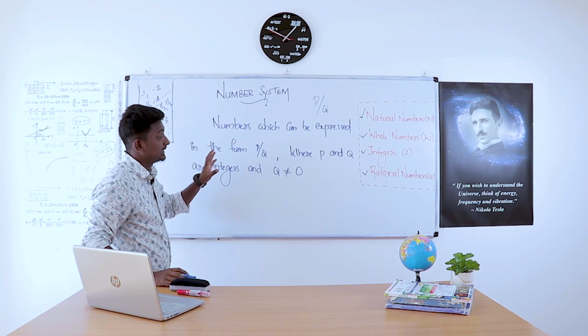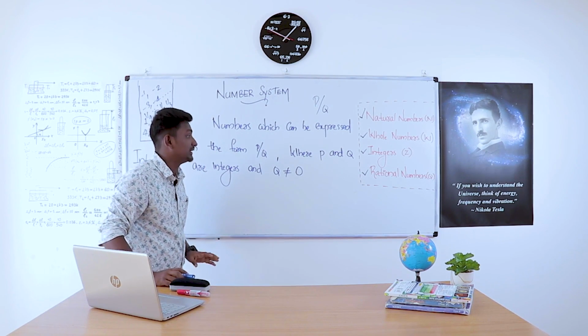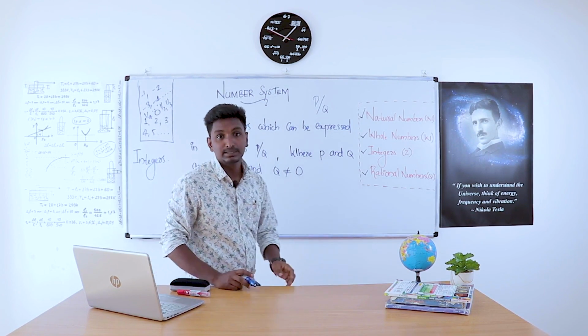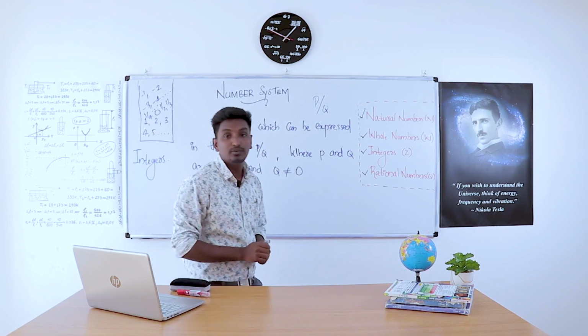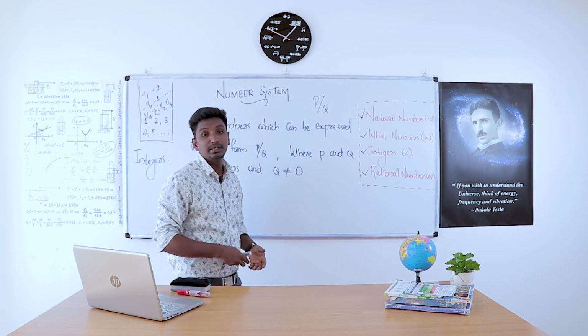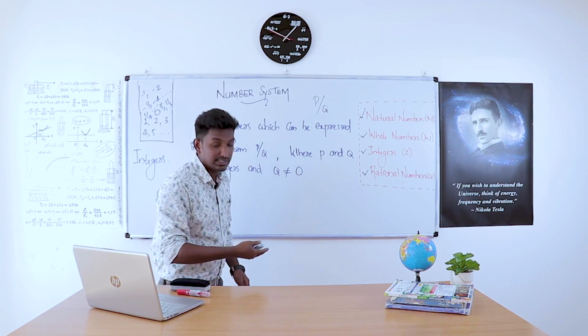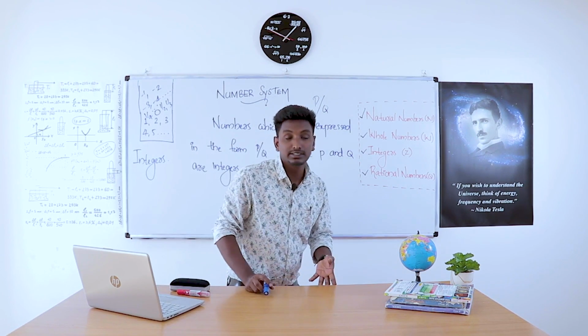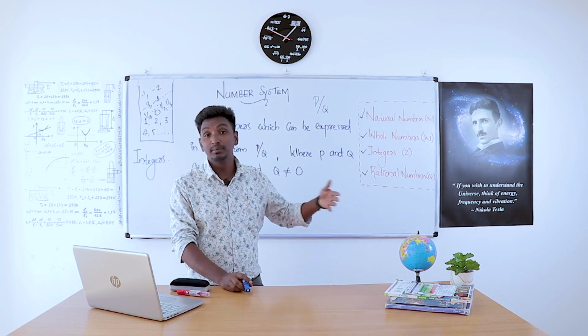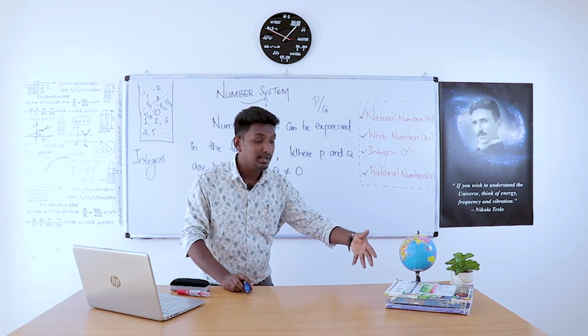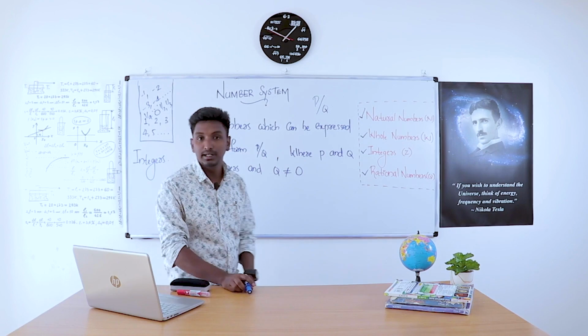That means the numbers in this number line, all whole numbers, can be written in the form of P by Q. That is, 1 can be written as 1 by 1, 2 can be written as 2 by 1, 3 can be written as 3 by 1, or 5 can be written as 5 by 1, minus 5 can be written as minus 5 by 1, minus 10 can be written as minus 10 by 1.